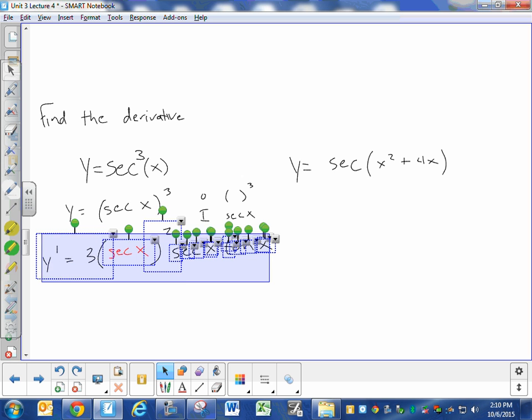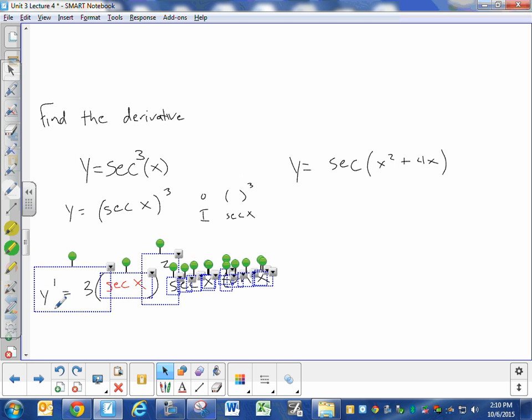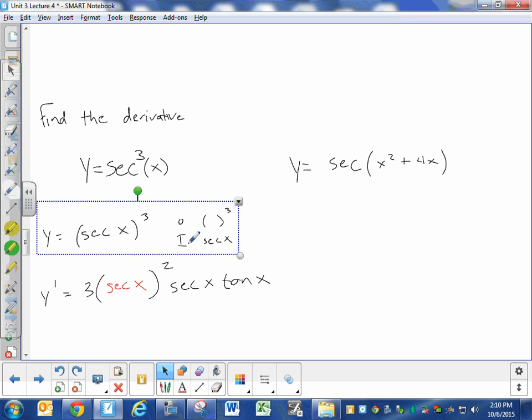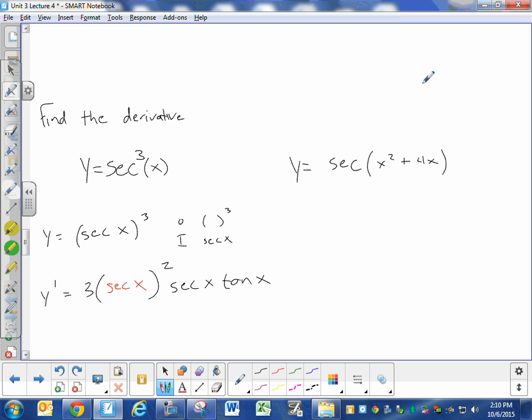Okay, for the other one, the outside is the secant, and the inside is the x squared plus 4x. Well, we know the derivative of secant is secant x tangent x, right? It's not the derivative of secant, it's the derivative of secant of x.